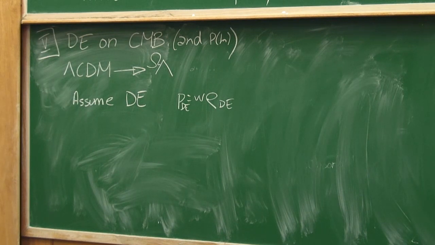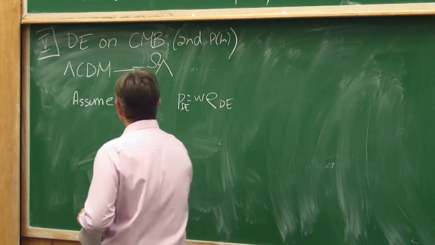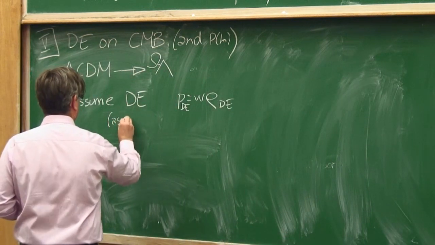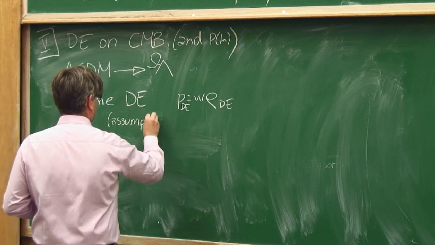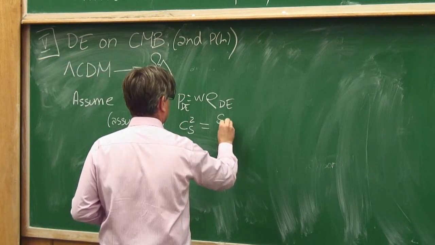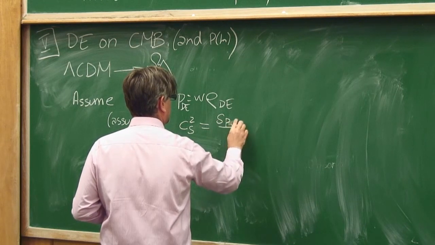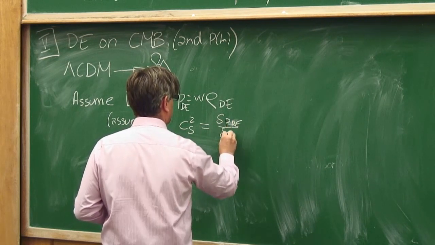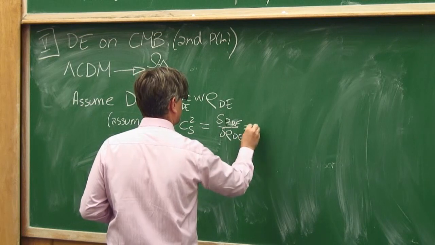When people investigate models that they call wCDM or w0waCDM, if they consider the derivative of w, they usually make the implicit assumption that the sound speed of dark energy, delta P dark energy over delta rho dark energy, is 1. Why?